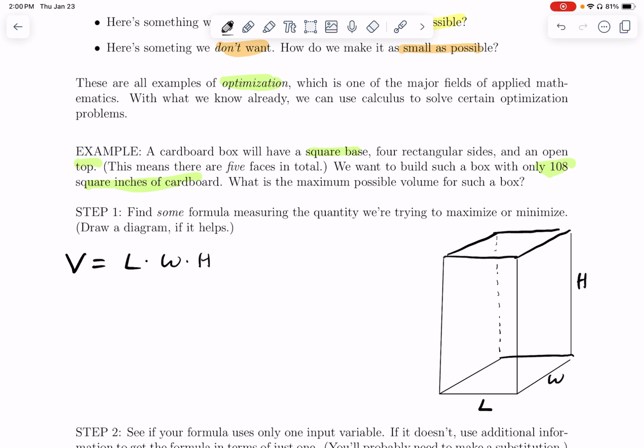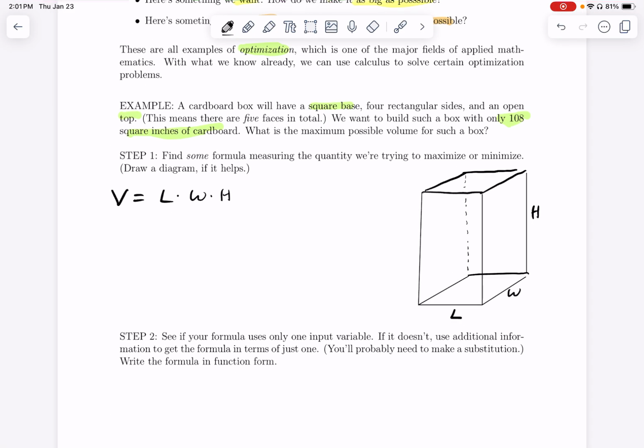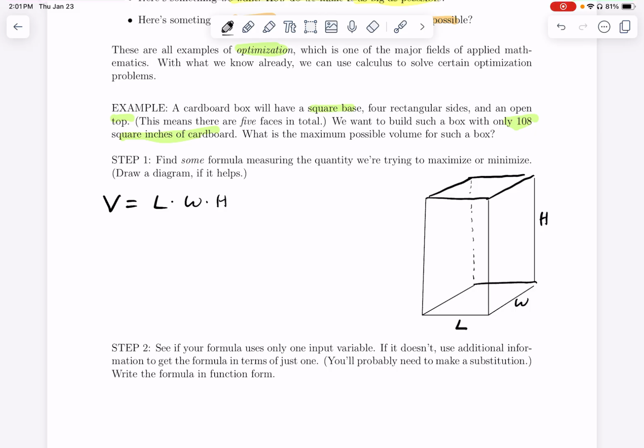And in some problems, if it's sophisticated enough, maybe you'll be given the key information, but often it's volume of a box, area of a rectangle, things like that, where you should be able to figure it out pretty quickly. Okay, now what we're going to do is we're going to look at our formula and see if it has just one input variable.